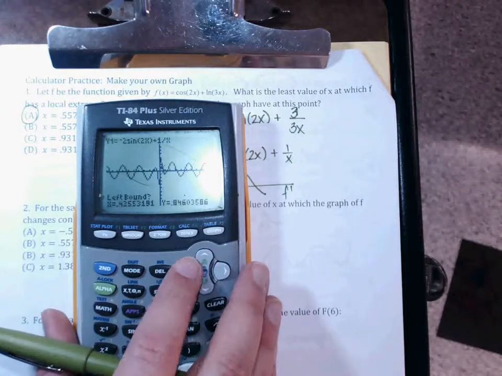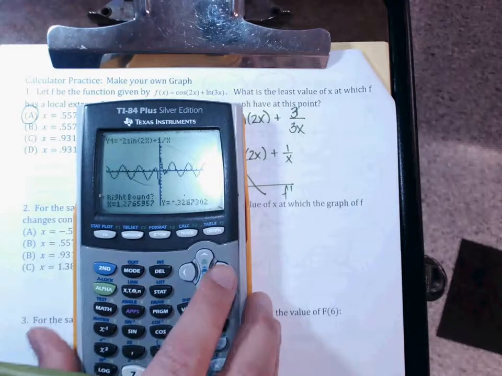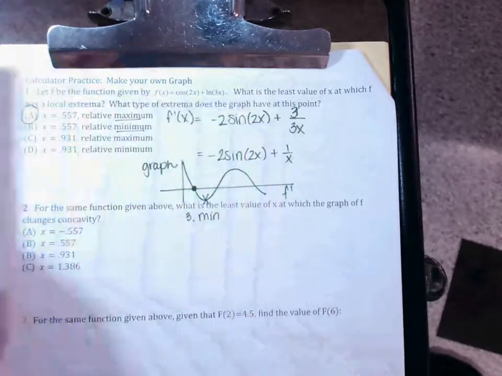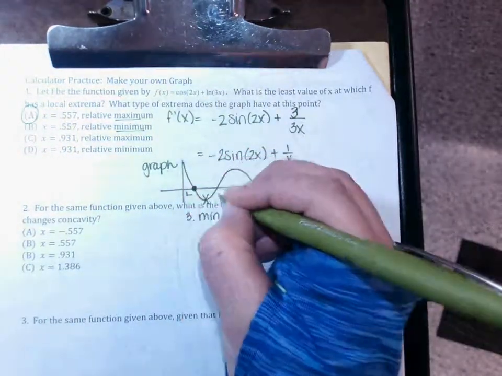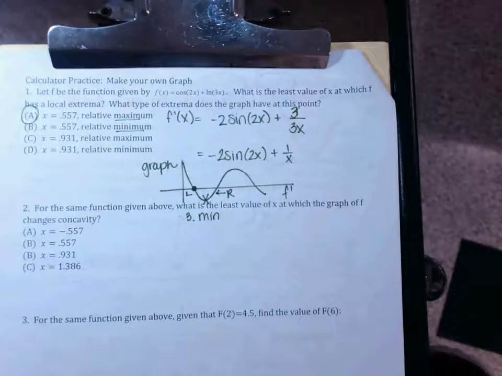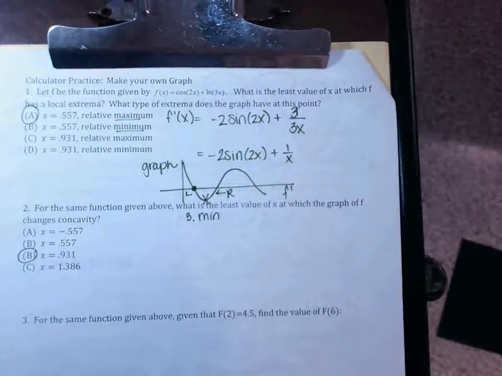So I'm going to maybe go right here. And then I'll put my right bound on the other side of the bottom of that hump. So I put my left here on this side and my right over here on this side. And then it's 0.931, which is option, second letter B.